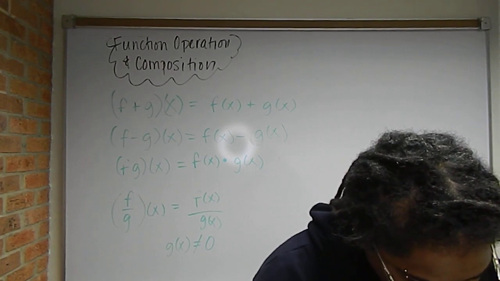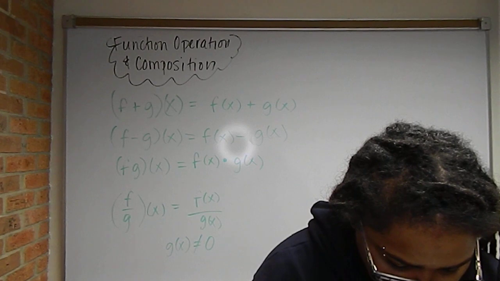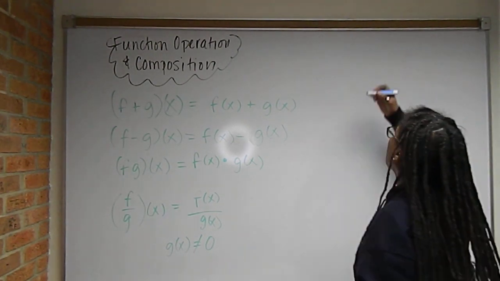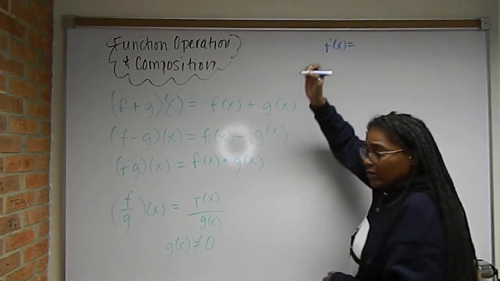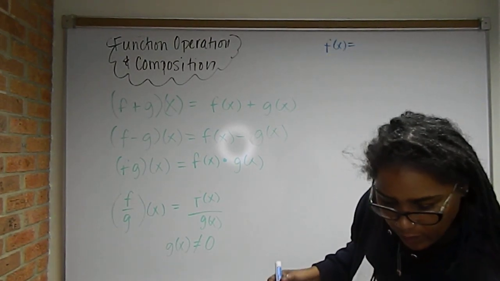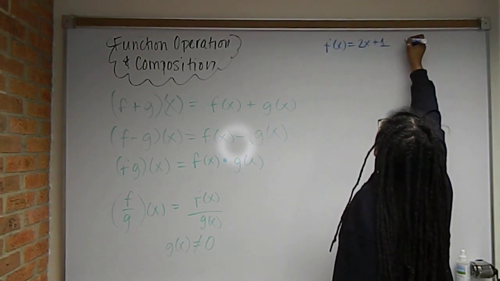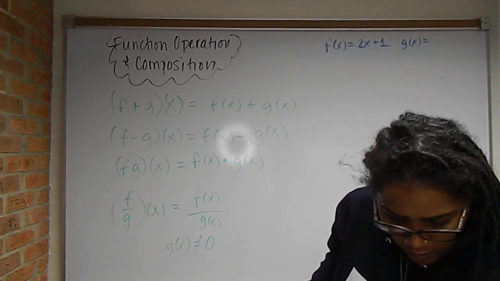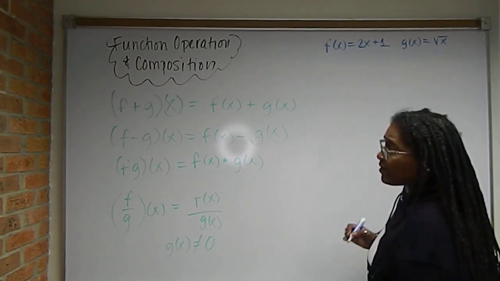I'm trying to find some good ones. Okay, here's one. f of x is equal to 2x plus 1, and g of x is equal to the square root of x.